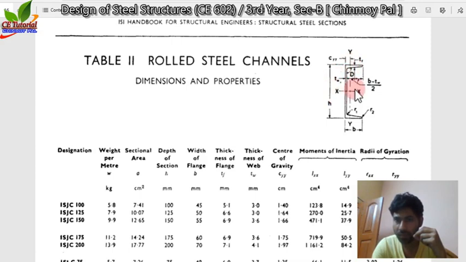So if we go for bolted connection or riveted connection, then we need some bolt or sufficient holes. So if we create a hole at a particular area, then this area will be deducted.